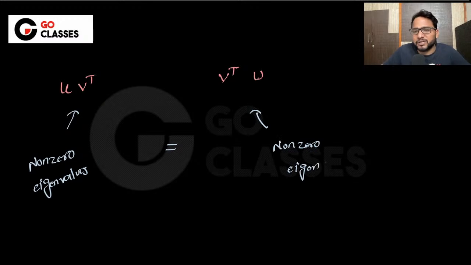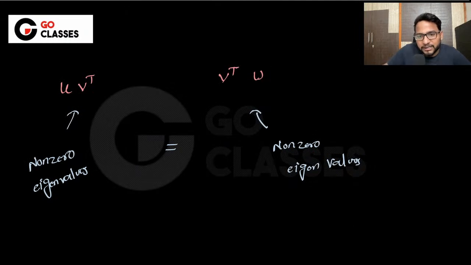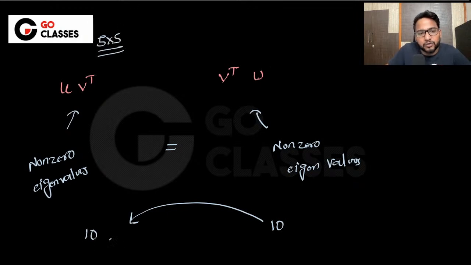Zeros don't matter. I talked about this concept very nicely in the YouTube video. If you want, you can watch this video. It is given that this has 10 as a non-zero eigenvalue, so it must have 10. And since it is 5 cross 5, there must be 4 other eigenvalues. Can you tell me what the 4 are? They cannot be non-zero, because the non-zero ones must be the same. That's why these must be zeros.